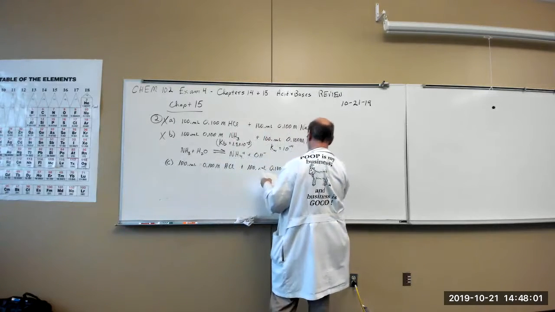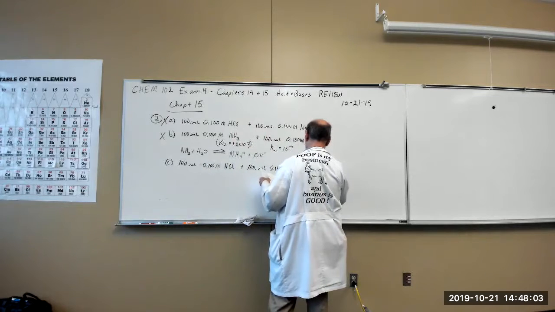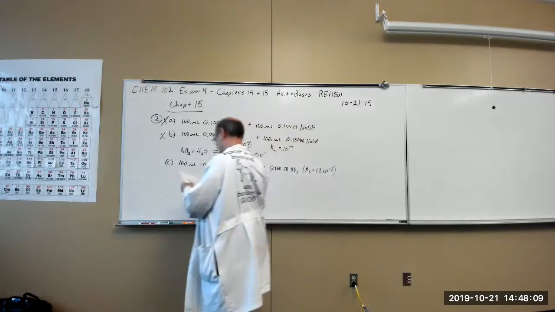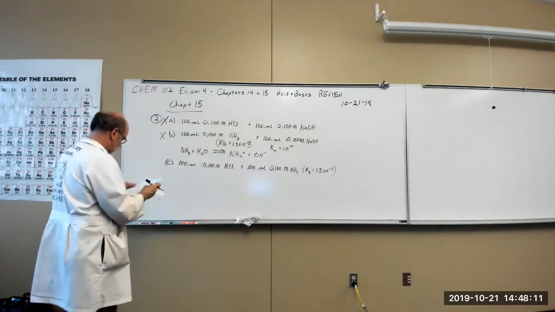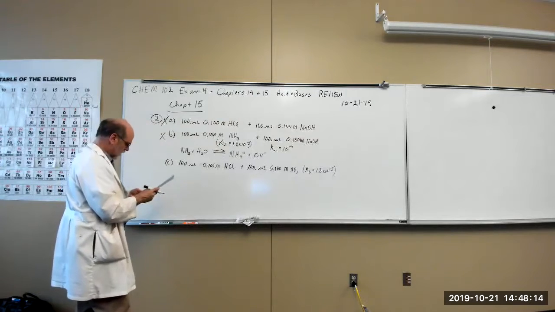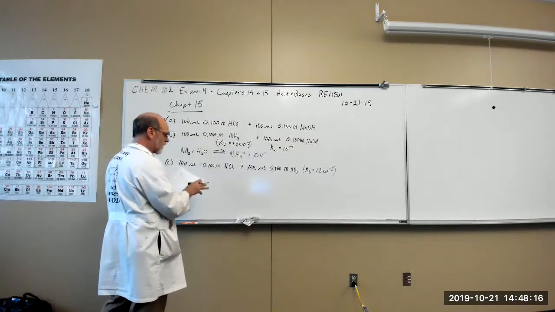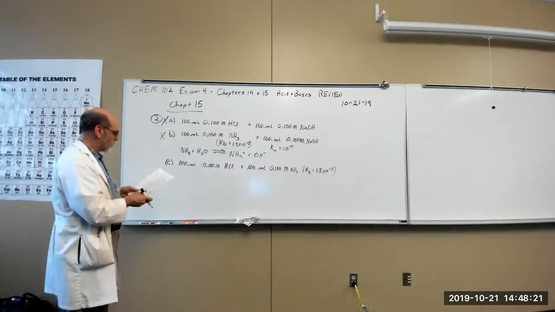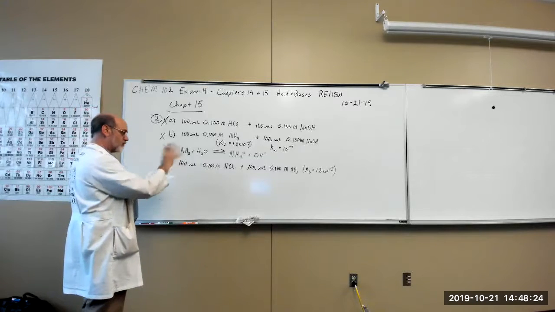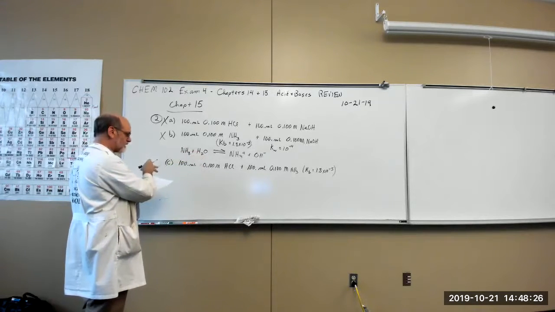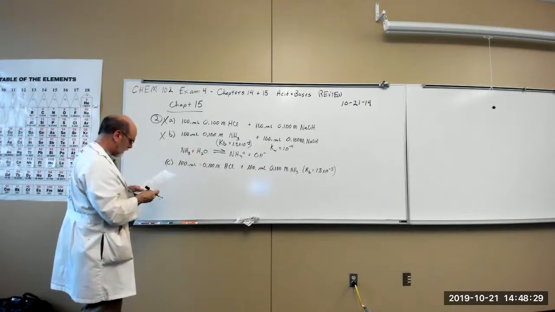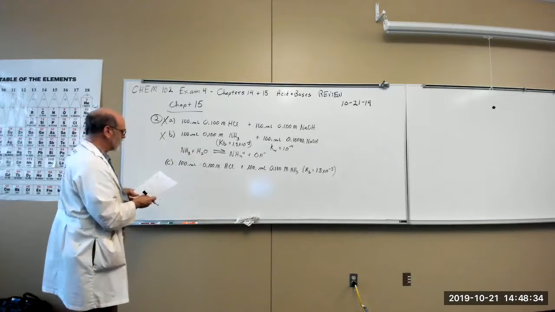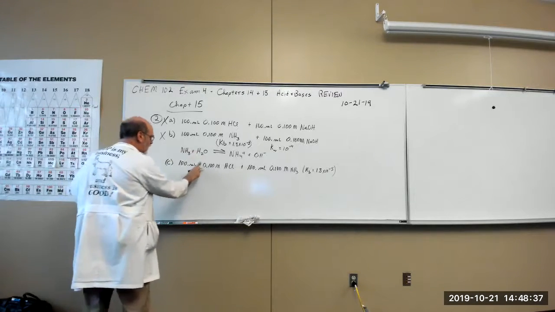And again, the Kb here is 1.8 times 10 to the minus 5. Okay, so now we need to see a weak base and a strong acid. There's potential for buffering there. As long as one of them is weak. If the base is weak, then the acid needs to be strong. So we have potential. So what we need to do is say, are we in the buffer zone?